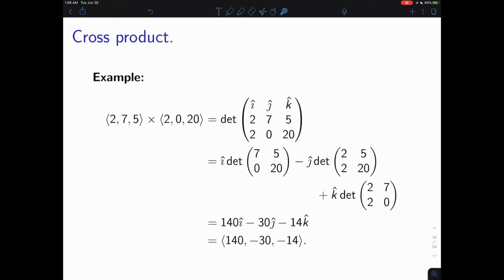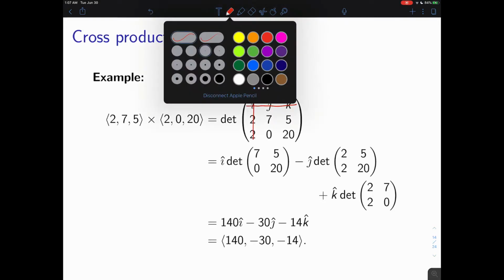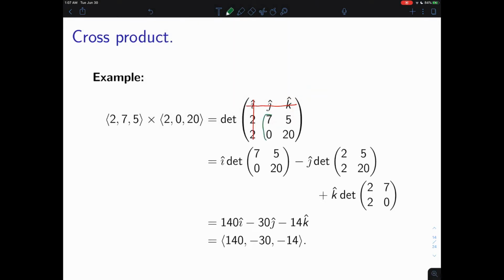And I've got a 3 by 3 matrix, and I would like to know the determinant of it. Okay, using our rule of going across the top row, the ijk row, what I do is I start with the i, I put that i there, and I cross out that row and column, and what's left over, 7, 5, 0, 20, goes into this 2 by 2 matrix.